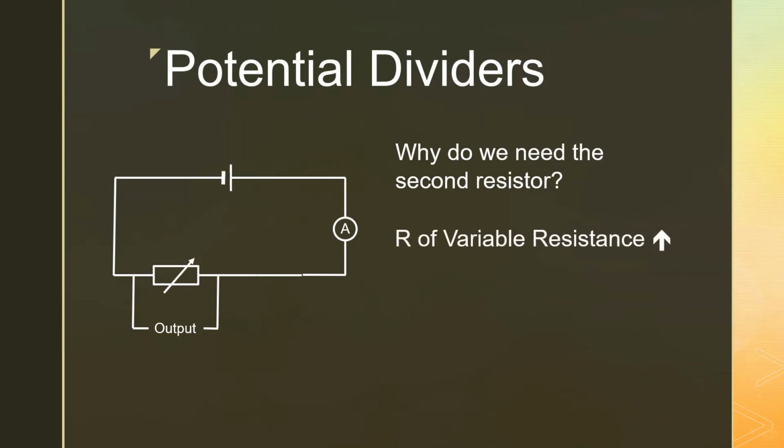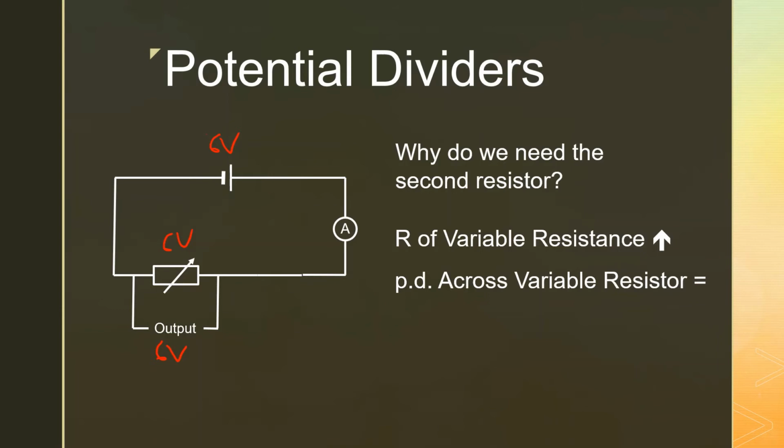So if I increase the resistance of this variable resistor, the PD across the variable resistor doesn't change because it's always going to be equal to the PD across the cell. If this is a 6-volt cell, this is going to have 6 volts across it, and that's going to have 6 volts across it. It doesn't matter what I do to the resistance of this variable resistor, it's always going to have 6 volts across it.